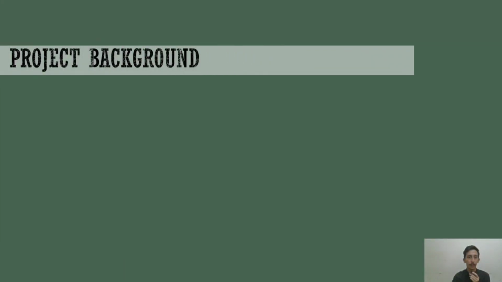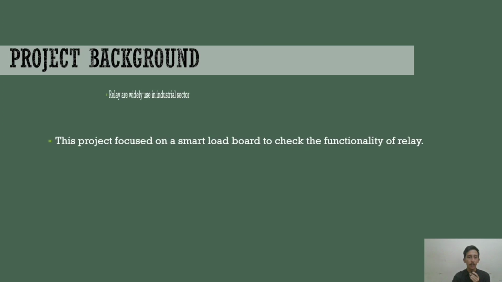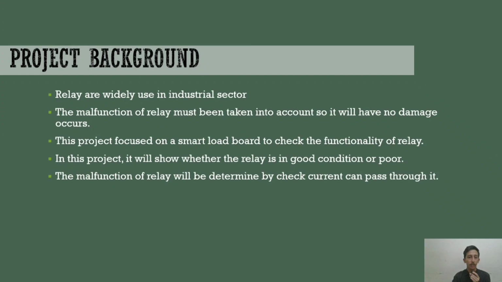Let's start with the project background. As we know, relays are widely used in the industrial sector. Since they are widely used, a relay may malfunction, so it must be taken into account so that no damage occurs.